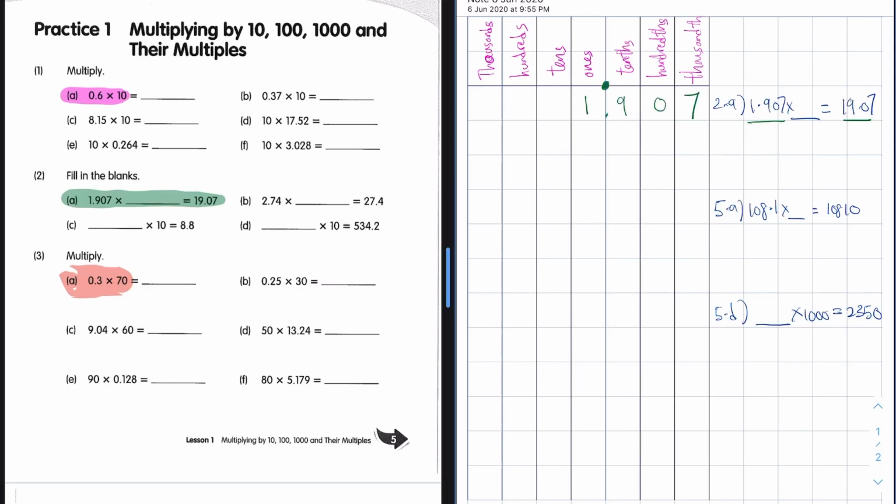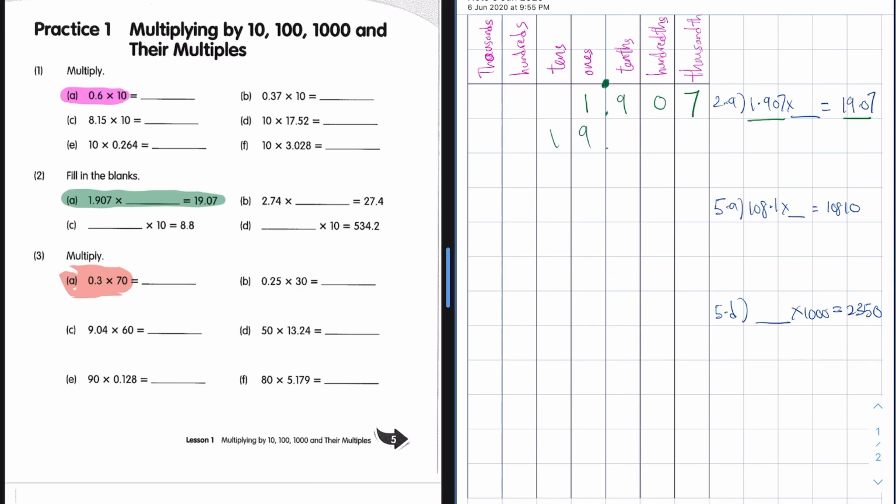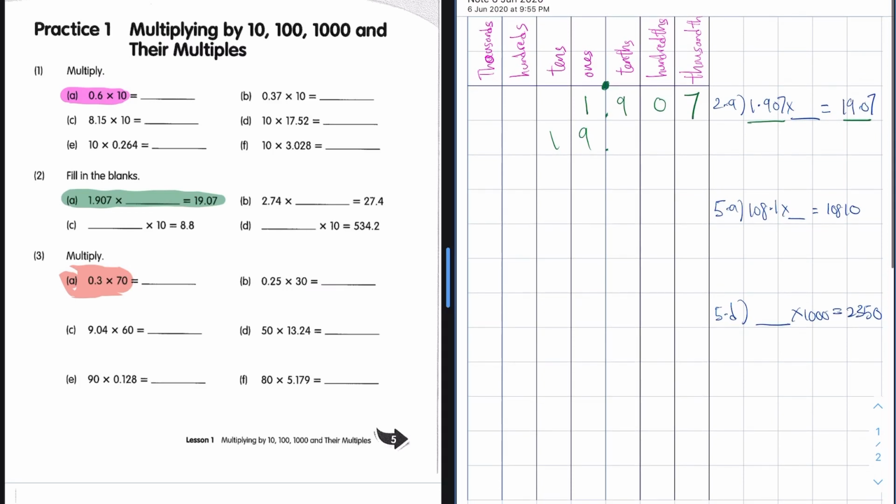And then I'm going to need to get 19.07. Okay, so as you can see, everything has been shifted to the left by 1 square, right? 1 square. So there's 1 zero, and I'm going to put a 1 in front, so the answer is 10.